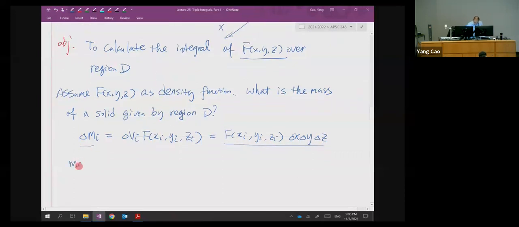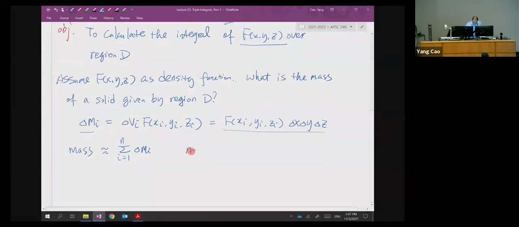Then the total mass can be approximated as a summation of all of the masses of the small cubes. You sum a number of them up, and you get an approximated mass for this huge object represented by the region D.